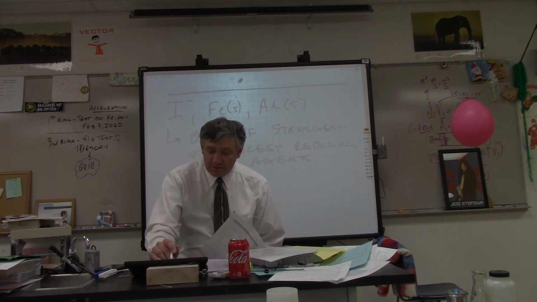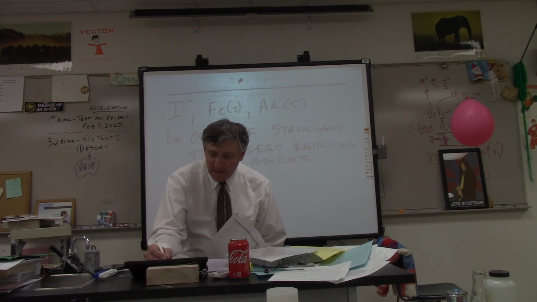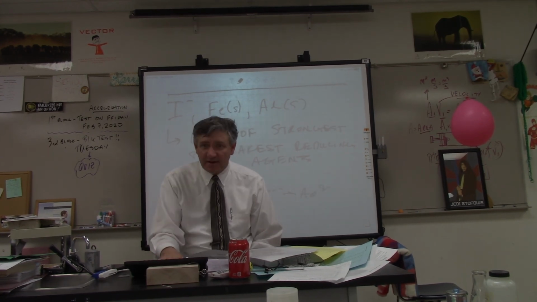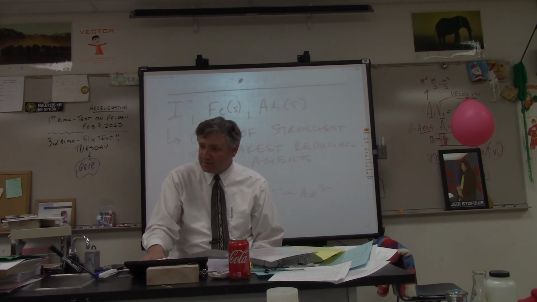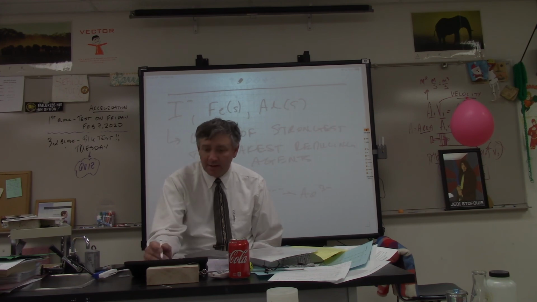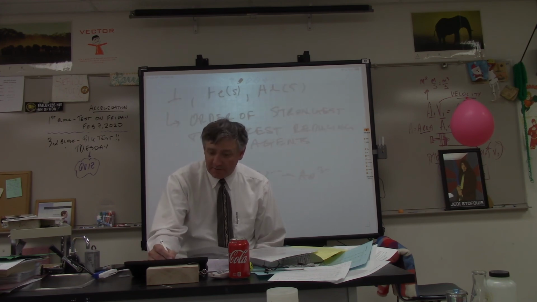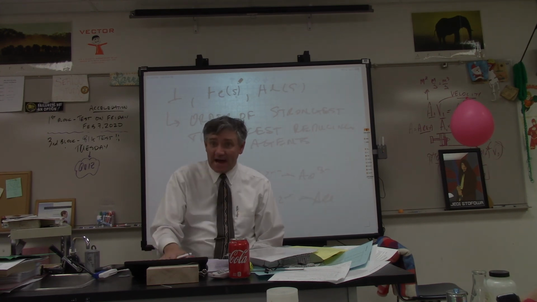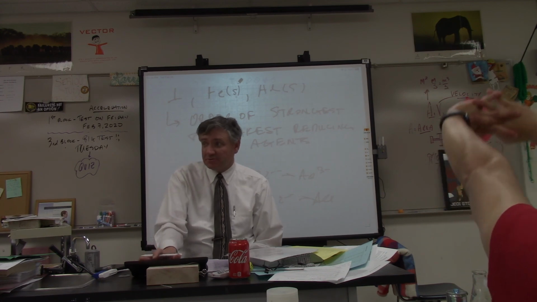You don't see Al plus 3 electrons turning into Al3 minus. It's not there, because aluminum isn't going to gain 3 electrons and turn into Al3 minus. It's not going to happen. Now, you can have aluminum ions gaining 3 electrons and turning into elemental aluminum. That can happen. It's cool.